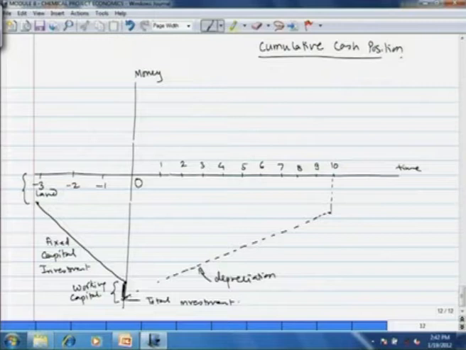And then there is annual profit, and the total cash, let us say, starts at time 0 and then increases with time. This is the cumulative cash.